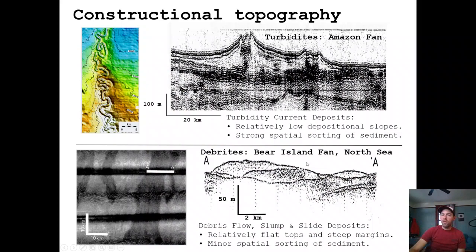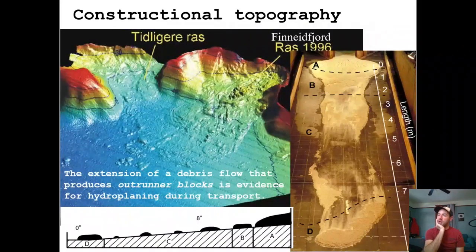One really cool thing about the dynamics of debris flow deposits is that oftentimes you see, here's a great bathymetric image where there's a bunch of debris flow lobey, large debris flow fields here, but then you see that there's these debris flow blocks, right?